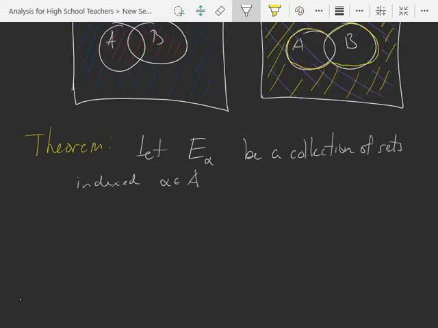No matter what A is, we're just going to index them by A. Then the statement is, so it's just any collection of sets. If I take the union of all of these things together and then take the complement, that's the same thing as intersecting the E sub alpha complements. So the complement of a union is the intersection of the complements.